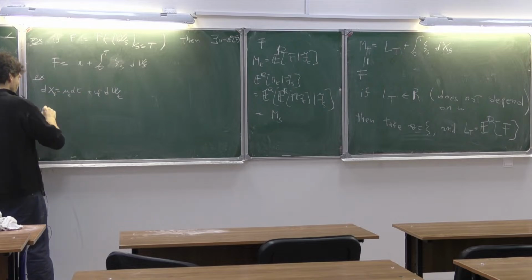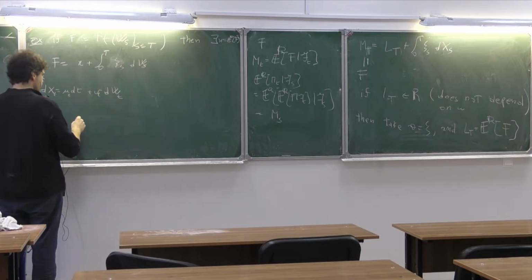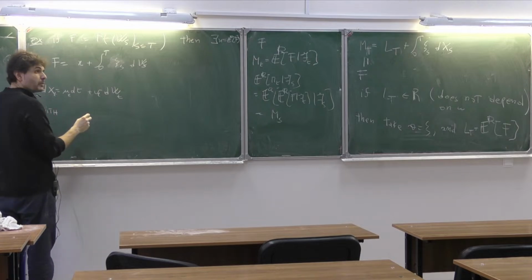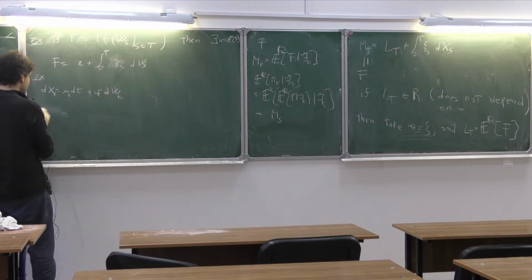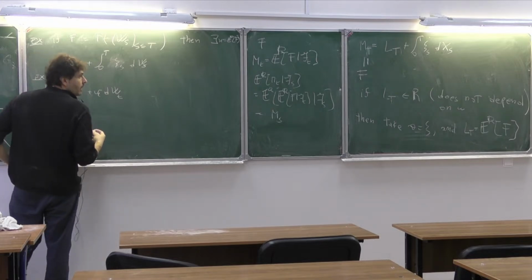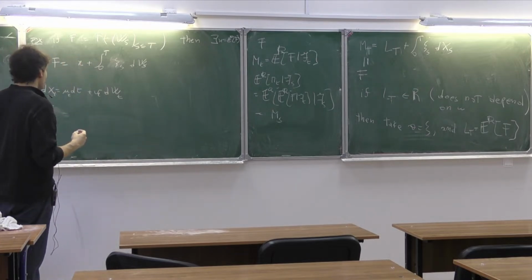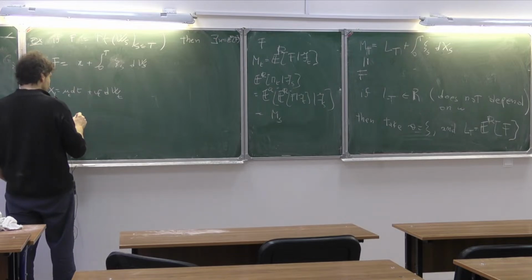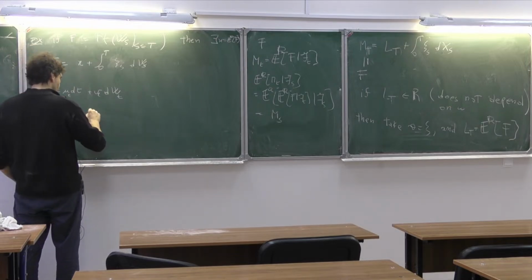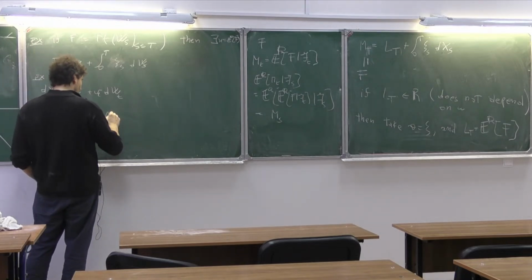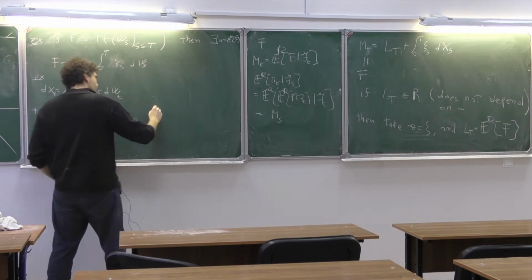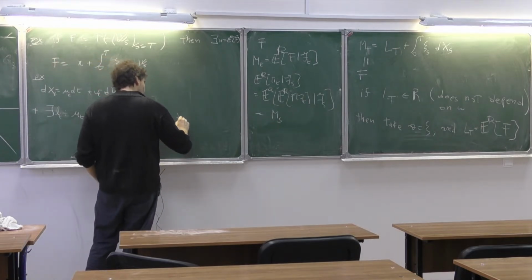I don't know how we call it. And there exists some process Lt, such that ut is σt Lt, and the value of P is 100 that.